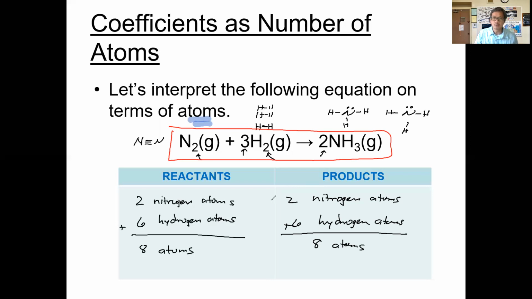We end up with 2 nitrogen atoms and 6 hydrogen atoms, so the total number of nitrogens, hydrogens, and atoms should be the same. The number and type of atoms must be the same on both sides of this table, because whatever you start out with in the reactants, you should end up with in terms of the atoms.